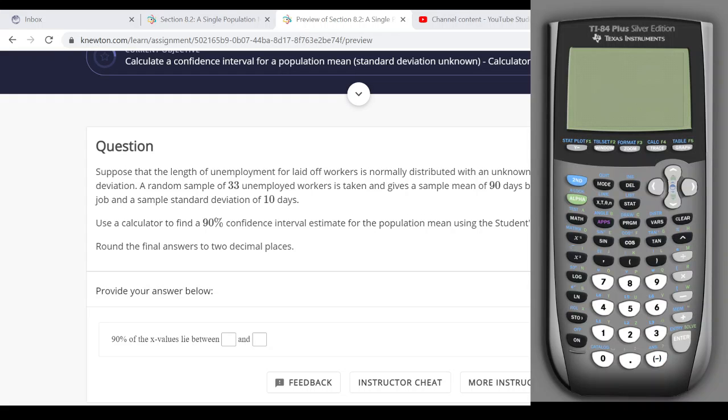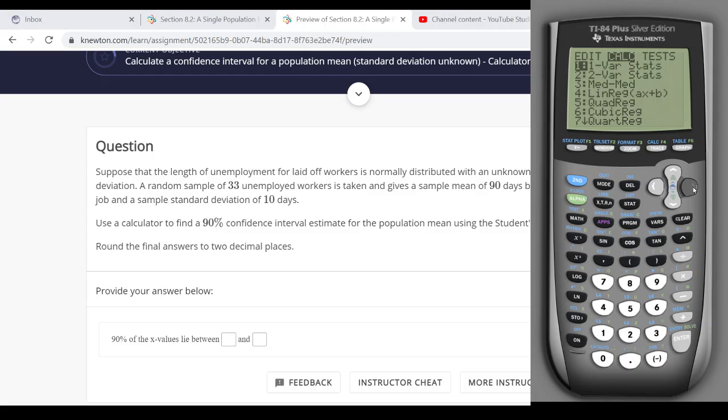Remember, to do a confidence interval for a mean, to estimate a population mean when you don't know sigma, the population standard deviation, you're going to go, sorry, not second. Go stat. Hit the stat button.